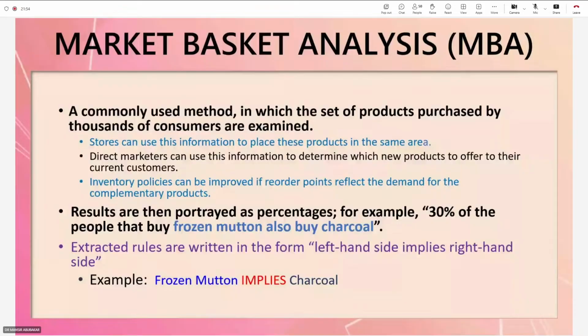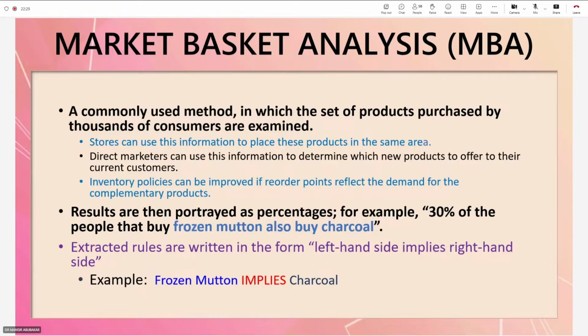So based on the analysis of customer purchases, the managers may decide that out of 10 transactions, 5 show that bread and milk are bought at the same time. So why not keep them in the same place? Because all that analysis is done to see how you can serve the customers better. So with that information, you can place the products in the same area so that the customer will not suffer in finding the different products.